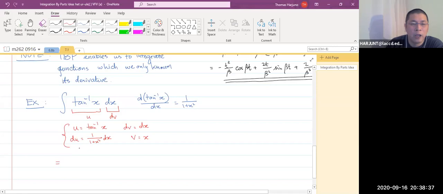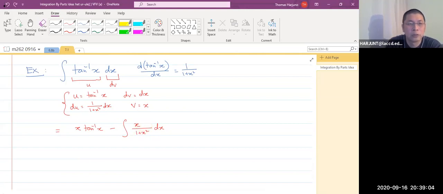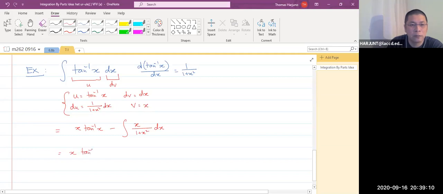Then using integration by parts, I will get x tangent inverse x, that's the u v, minus integral v du. The second term on the right-hand side is actually doable by substitution. This will be x tangent inverse x minus 1/2 natural log of 1 plus x squared plus constant.